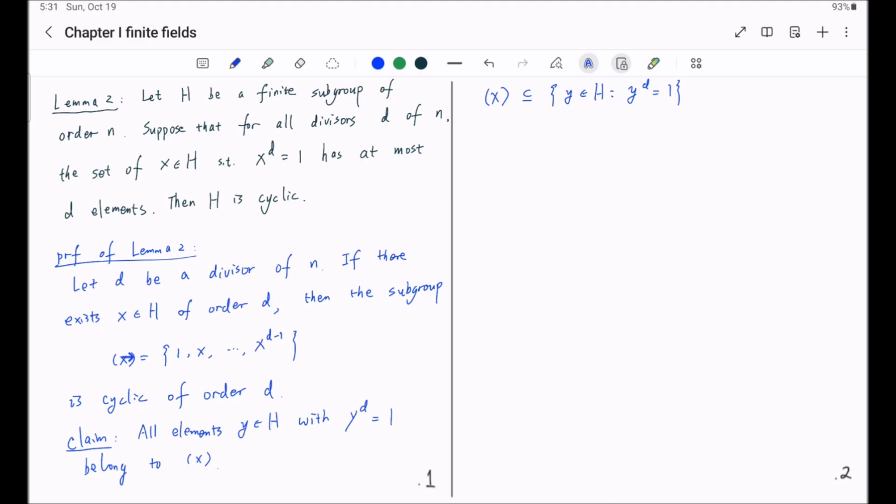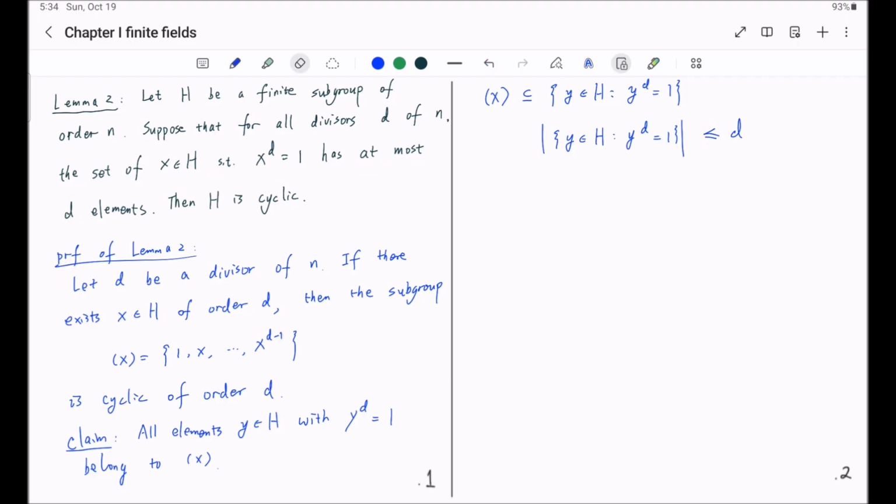And so is every element in the subgroup generated by x, 1, x all the way to x to the d minus 1. But by our hypothesis, we know that this set has cardinality less than or equal to d.